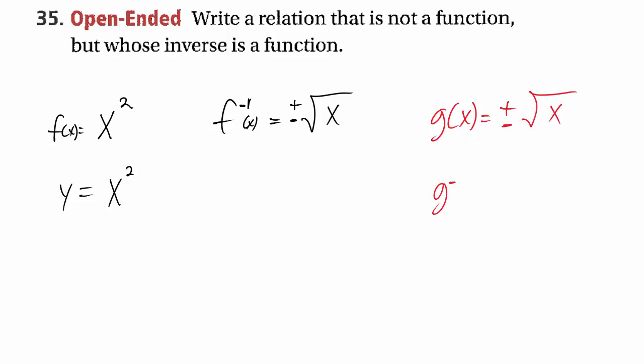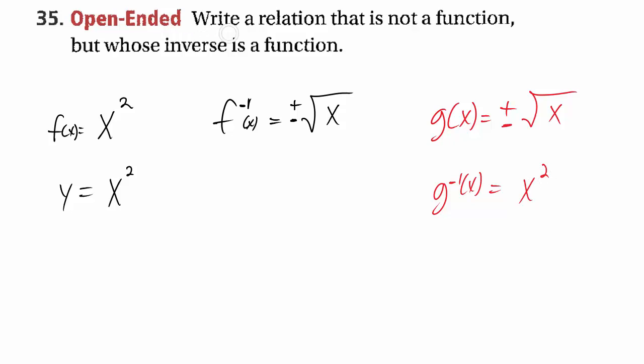The inverse of that function is x squared. So if f is x squared, the inverse of f is plus or minus square root of x. But if the original relation is plus or minus square root of x, then its inverse is x squared.